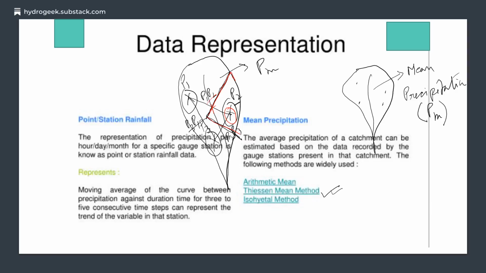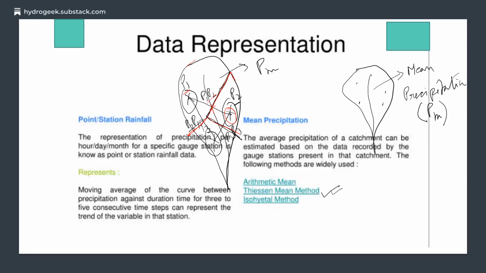Similarly for P1, the bisector of P1 P3 and the bisector of P1 P2, when extended up to the watershed boundary, create a polygon, and that polygon surrounds P1.